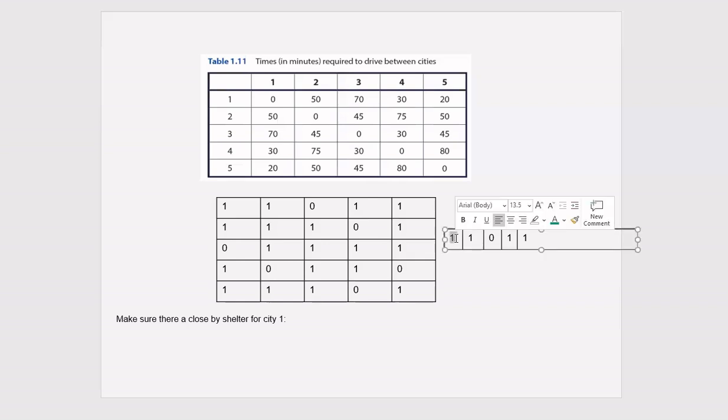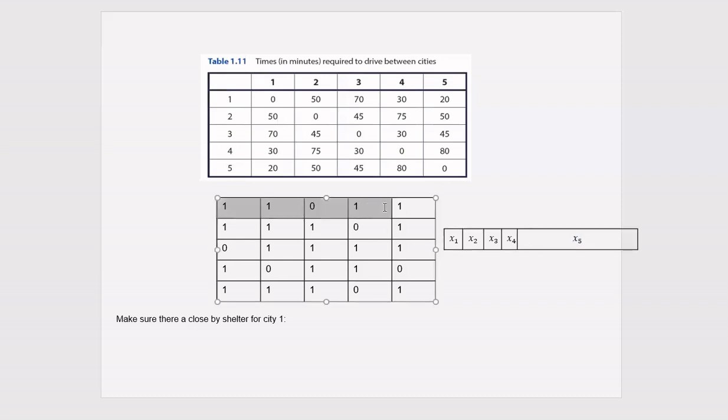Basically, I have x1, x2, x3, x4, x5, five variables here.